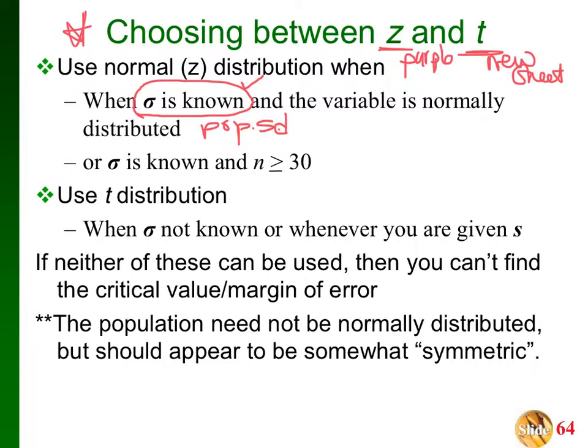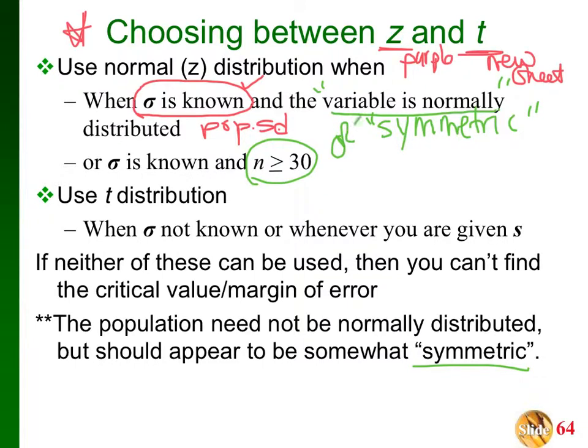And then one of the other 2 things can happen. I'm going to write that in green. Either the variable is normally distributed, or it says that the graph is symmetric. That either needs to happen, or our sample size has to be 30 or above. It's an or between these 2.